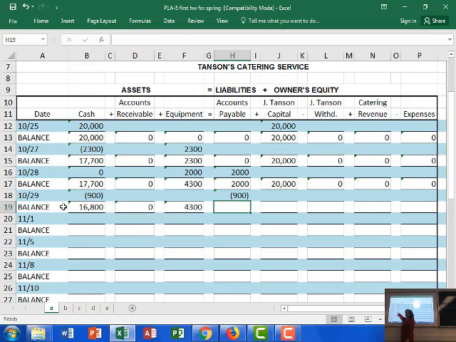Because we're paying him now. Oh, it decreases. If we pay it cash, we're decreasing. We owe the payable. Yeah, let me go ahead and mark that out. We pay it from cash.